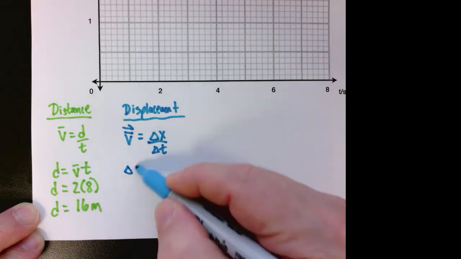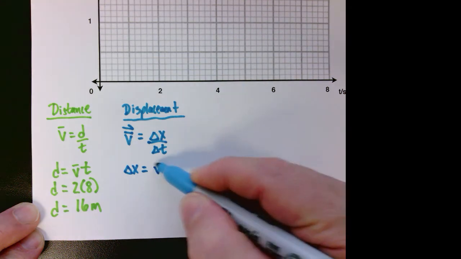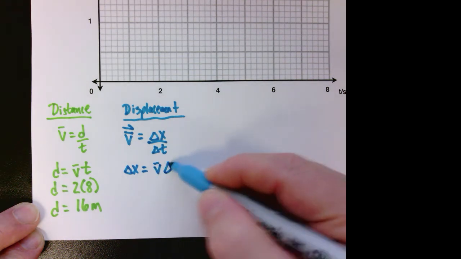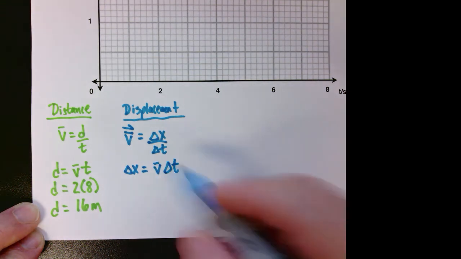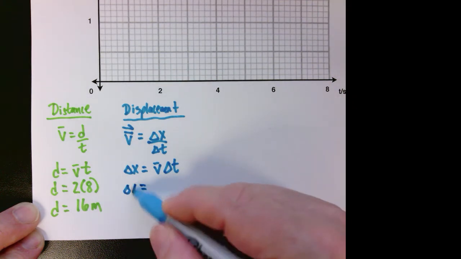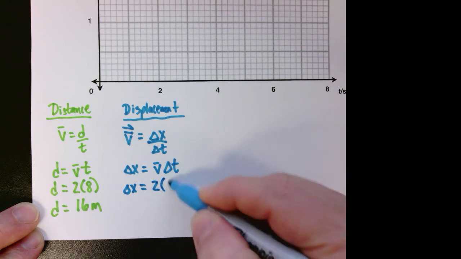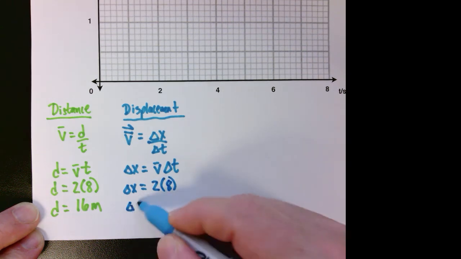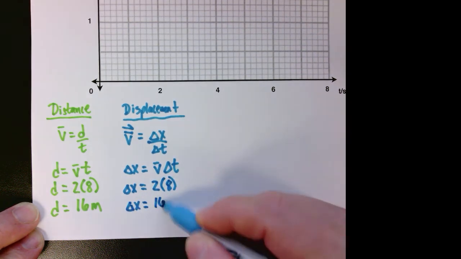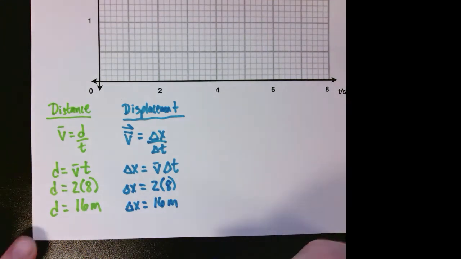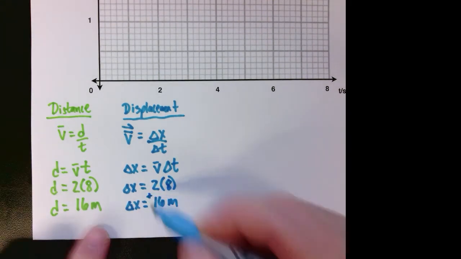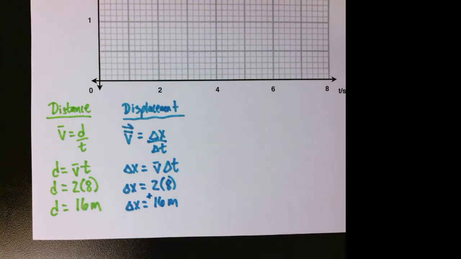So to find the displacement, delta x, that would be equal to the average velocity times the change in time. So the displacement then would be the average velocity, which is +2, and the time is 8 seconds. So we find the displacement is 16 meters. And we know that displacement is positive. It's moving in the positive direction. So that's displacement.